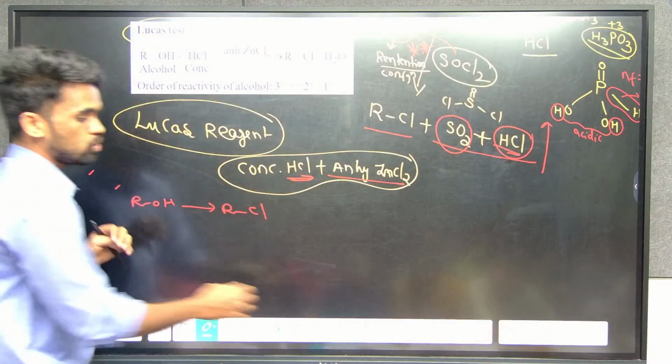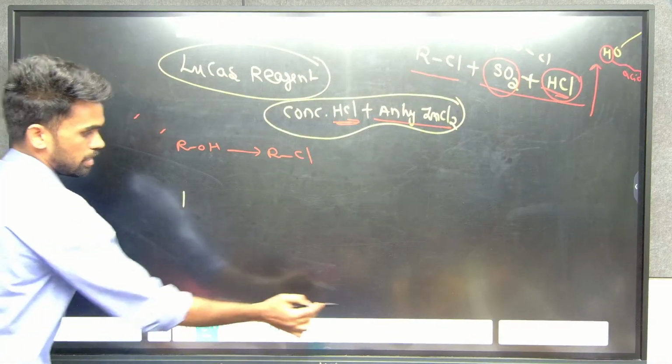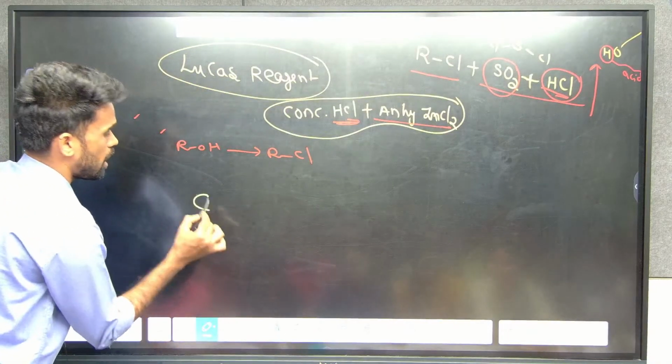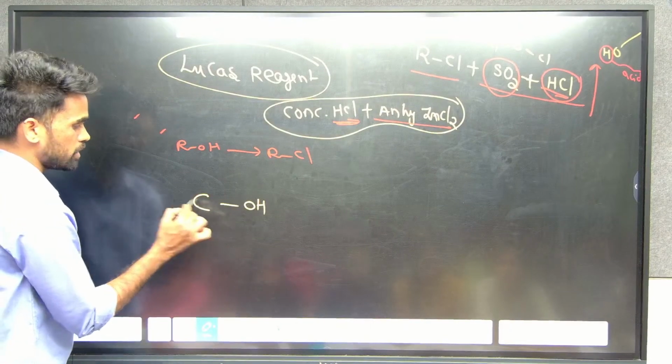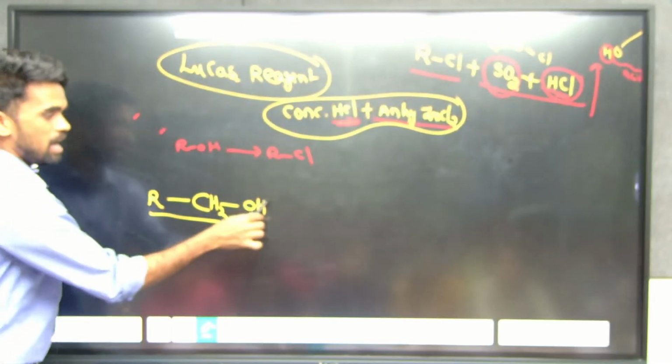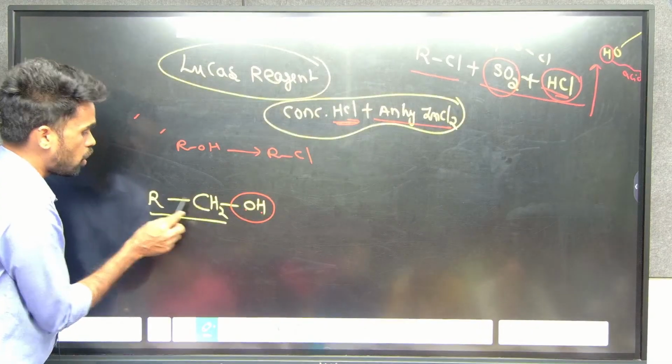Now look here. Alcohols: see what I am writing, a carbon. Alcohol means there should definitely be an OH group. Now to this carbon, there might be only one carbon attached like this. How many alkyl groups are attached to the OH-attached carbon? One. So you should call it primary.